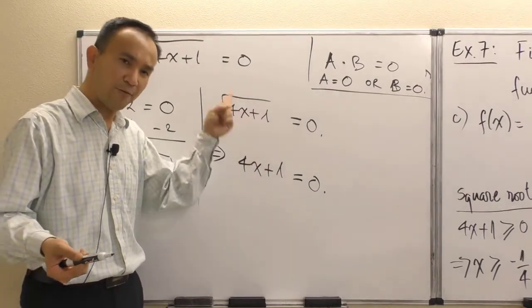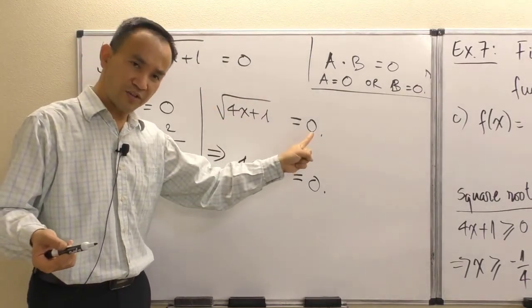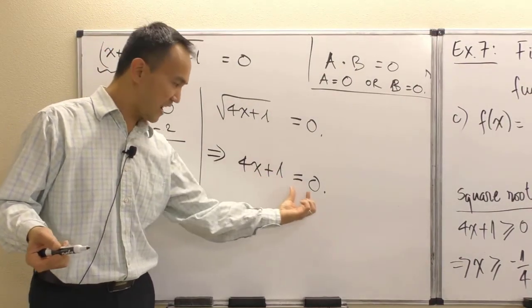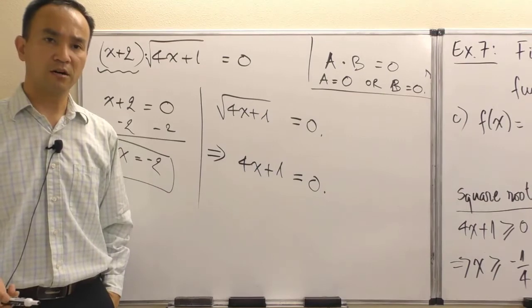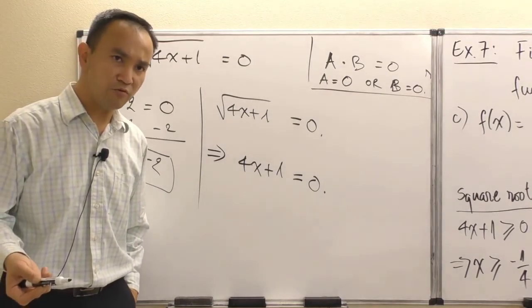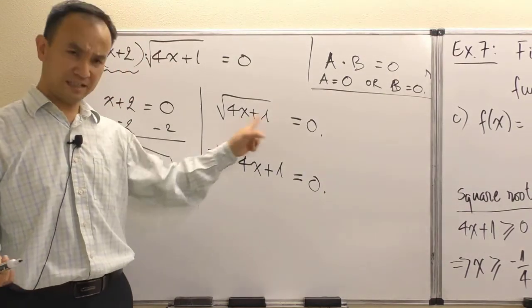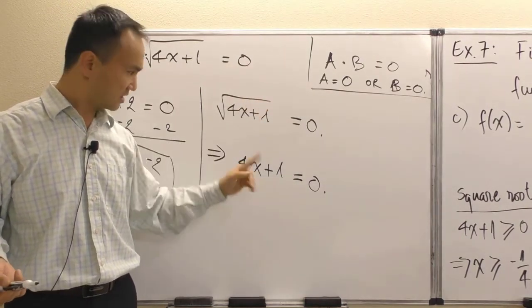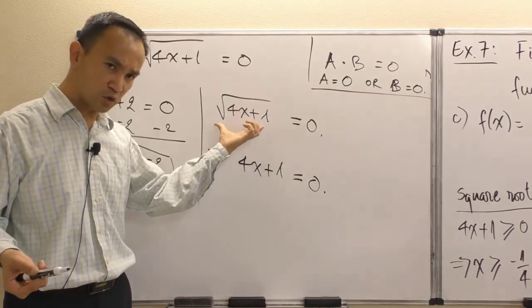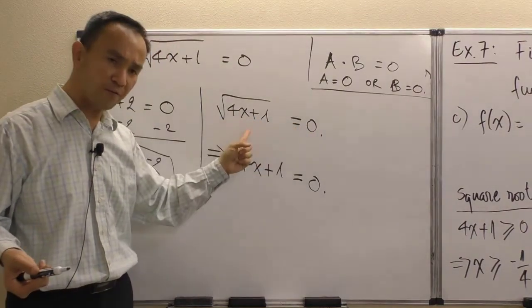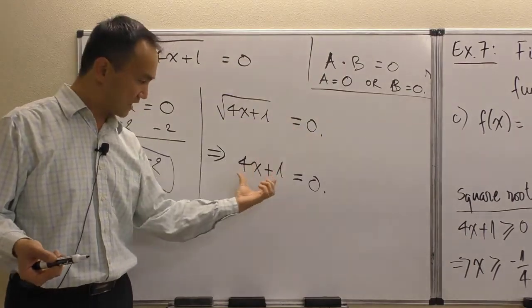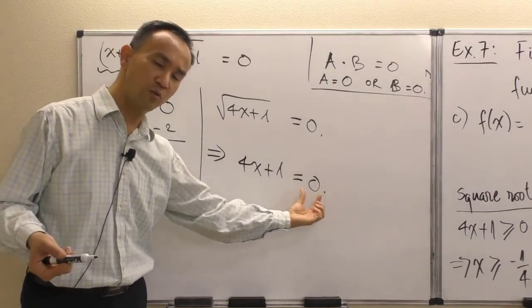I'm showing this logic so that in case you don't remember the technique for solving an equation with a square root, we can disregard the technique. For this simple case, the expression inside has to equal 0.